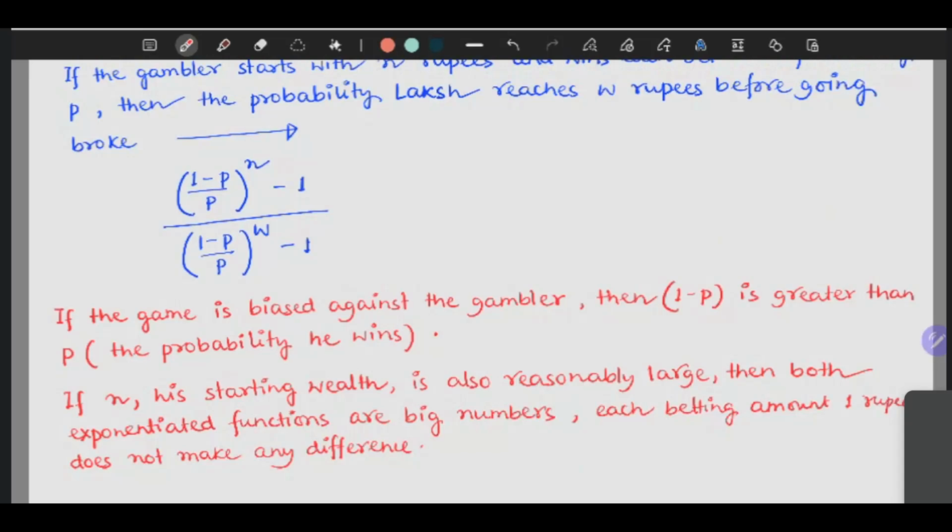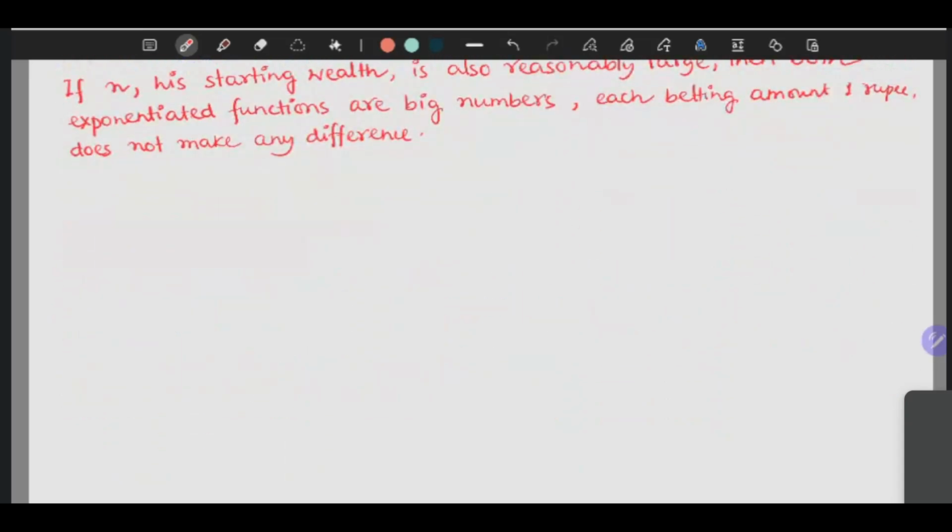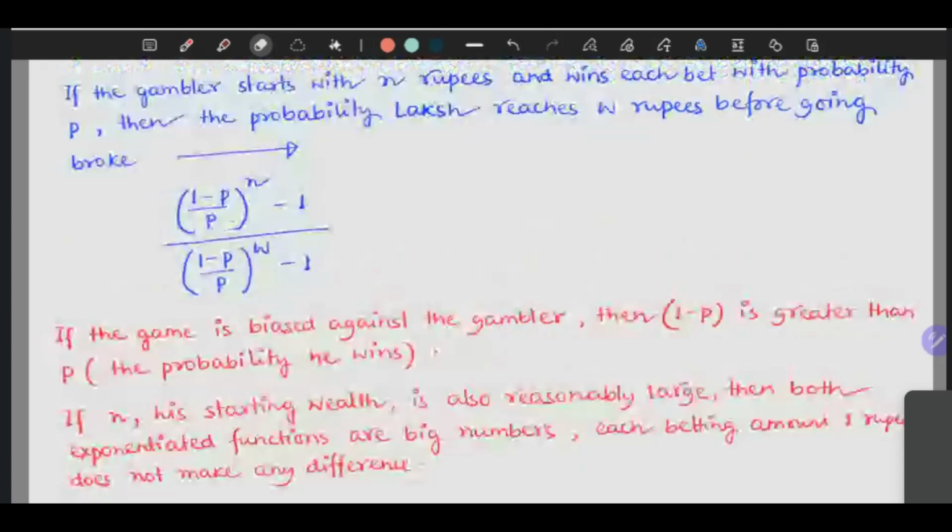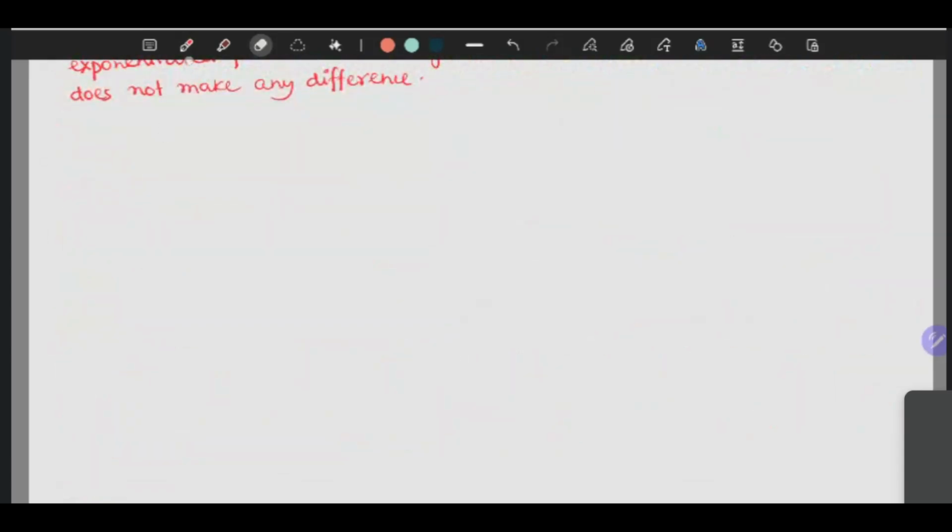So basically then it becomes 1 minus p, so you can take this out, minus 1, so basically it becomes (1 minus p by p) to the power (n minus w), and n minus w is m, so (1 minus p by p) to the power m.